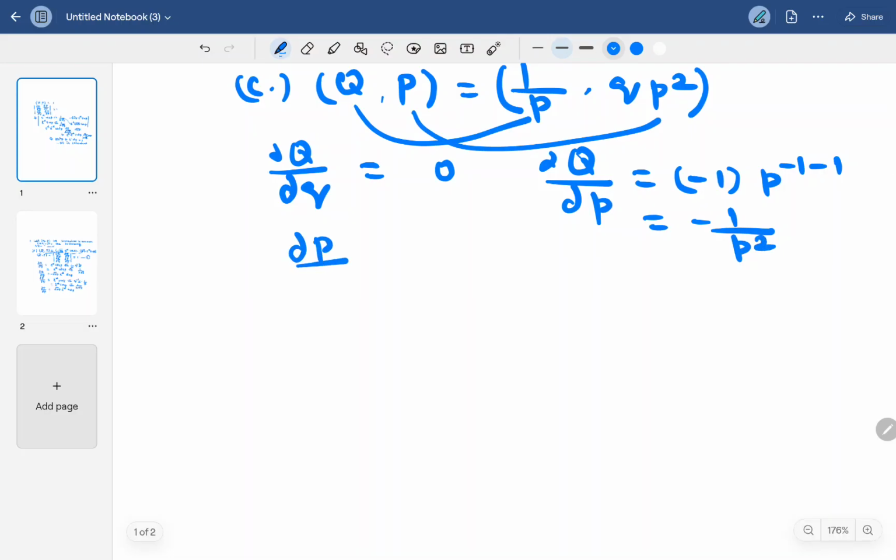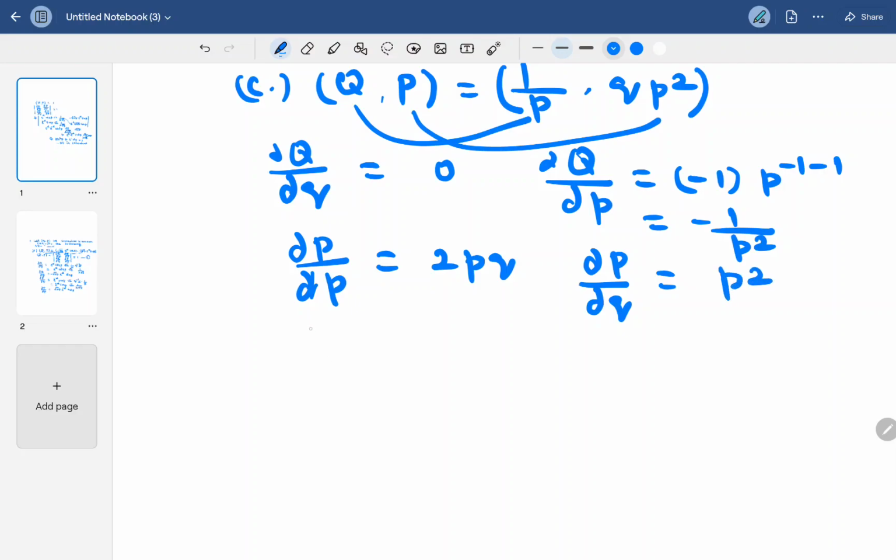Now I am going to find dou p by dou small p, which is 2pq. Dou p by dou small q, the answer is p square. Substitute in the Poisson bracket q comma p.